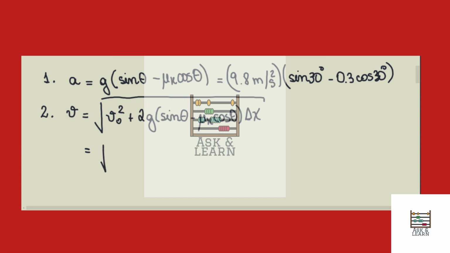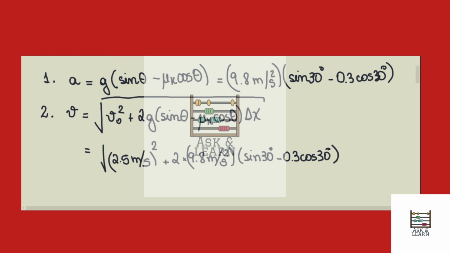So this is the square root of 2.5 meters per second, that's the initial speed, squared, plus 2 times 9.8 meters per second squared times (sine of 30 minus 0.3 times cosine of 30) times the length, which is 3 meters.